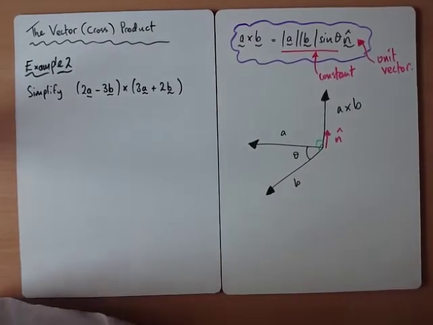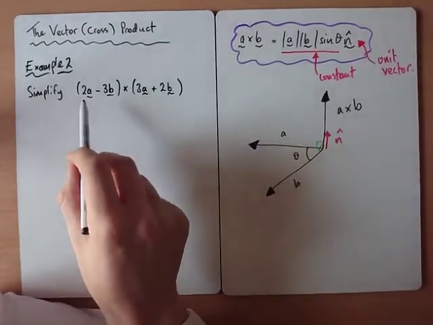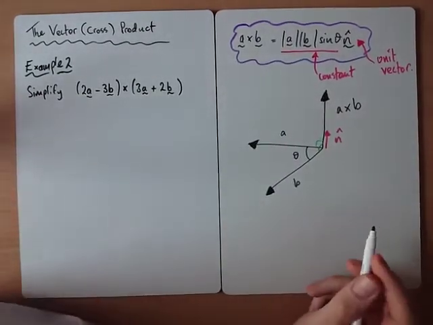Okay, example 2. We're going to simplify 2A minus 3B cross 3A plus 2B.